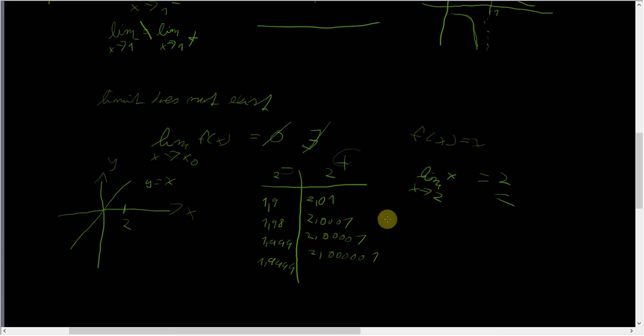But what we're trying to show here is that from the right hand side we're getting a number that is getting close to a certain number, in this case 2. And from the left hand side we're approaching a similar number. So from both sides we're approaching the same number. It's not like we're approaching number 3 from the right hand side and 1 from the left hand side. That wouldn't work out.